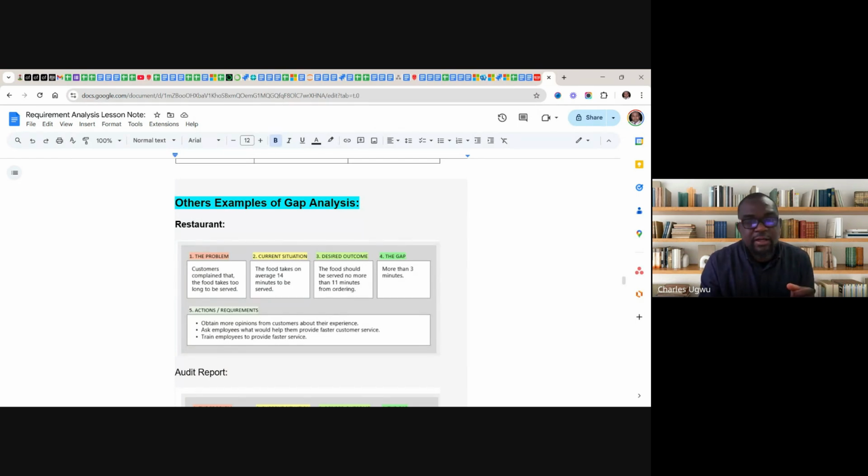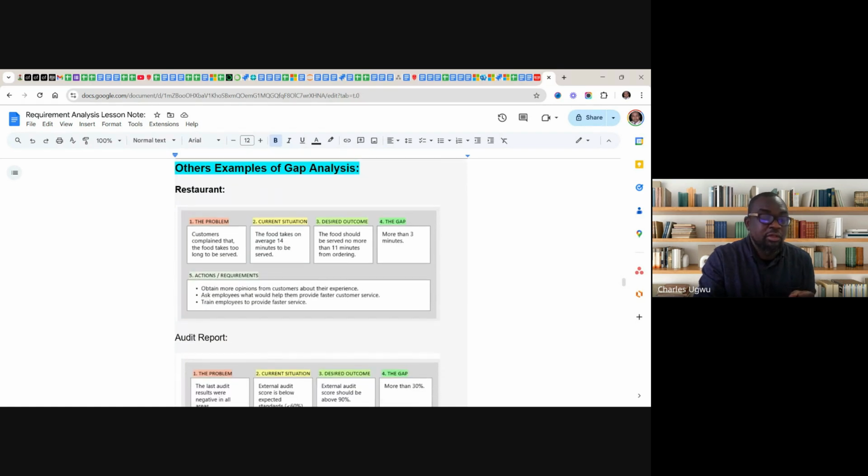Once all these things are done, the kitchen is upgraded, and you train the employees on how to use them, you find that instead of serving food within 11 minutes, you can see them serving the food even within 7 minutes of order. You see, you've solved a big problem here, because if you didn't do this, all these customers would migrate to another restaurant, and you would close and go back to the village.